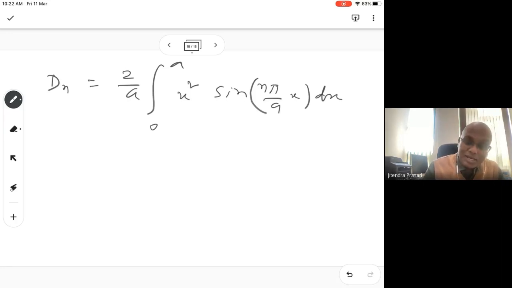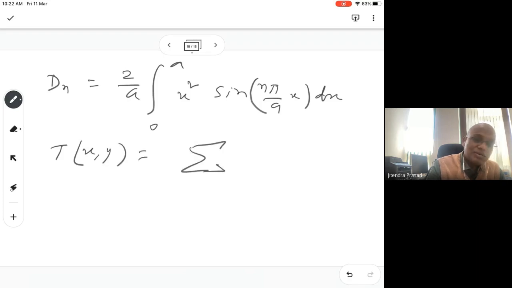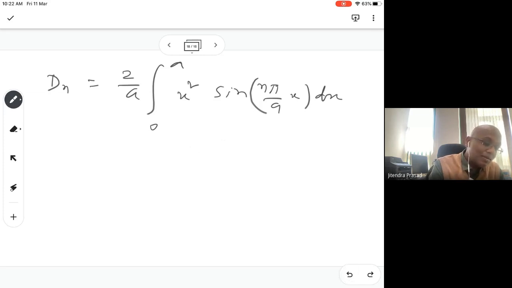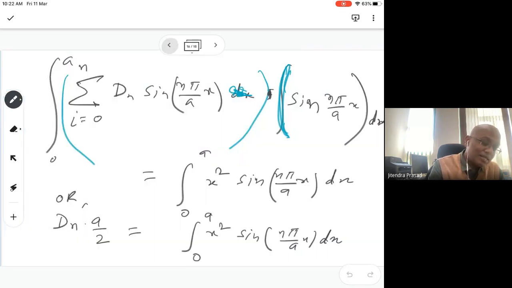So your solution is T x y equal to the summation of... Before that, we also have to find out one thing. So Cn, what is Cn equal to? If Dn is like this, we also had Cn earlier, right?